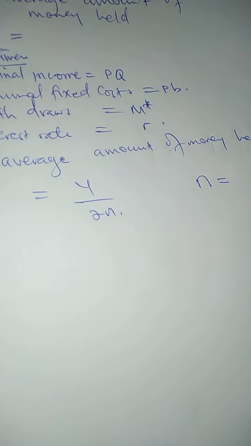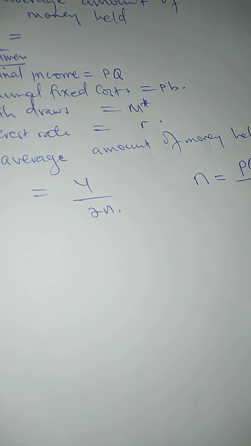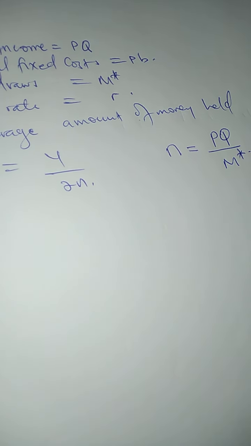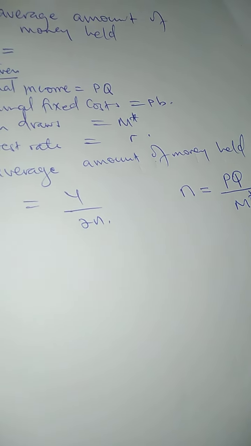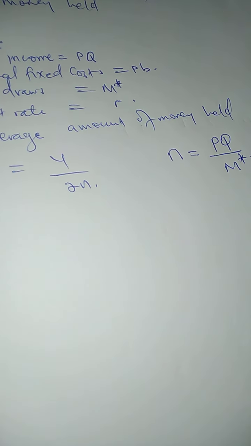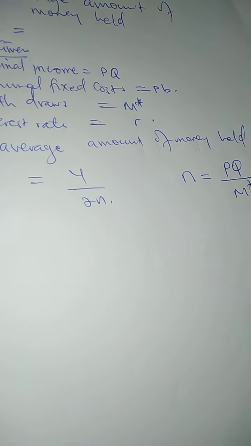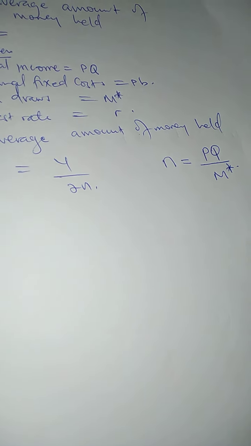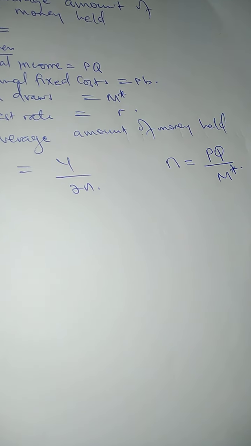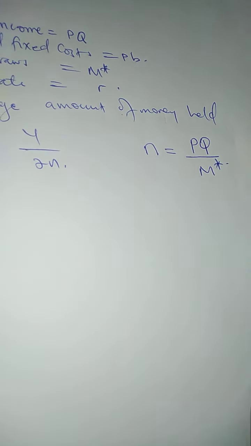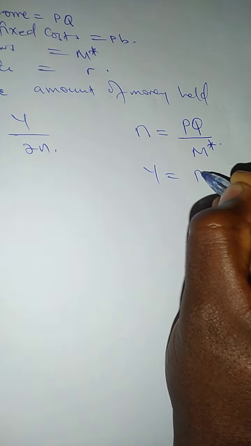That means it is PQ divided by M star. In this case, our Y is the income that is deposited, so Y is still equal to PQ.